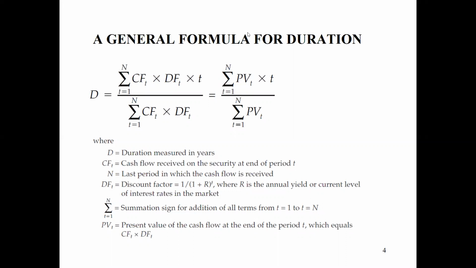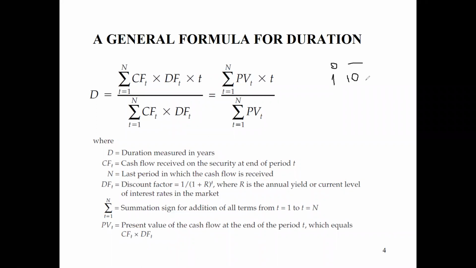So in year 0, we make some investment cost. In year 1, we receive 100. In the second year, we receive 300. In the third year, we receive $400. So you take the present value of each cash flow. Let's say this is 90, this is 280, this is 350.